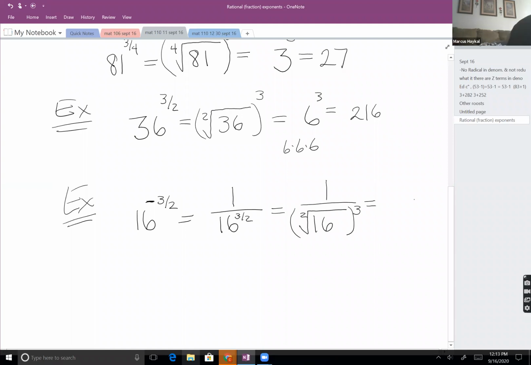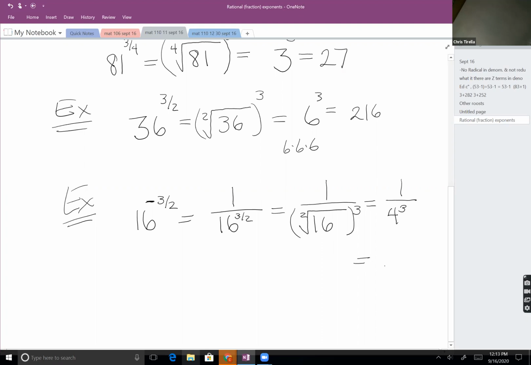So that's 1 over 16 to the 3/2. What's the square root of 16? Wouldn't it be 4? Yep, and so now I have to take 4 to the 3rd.